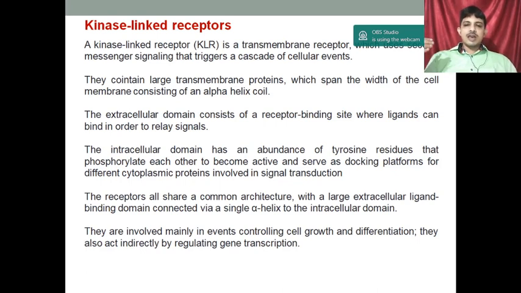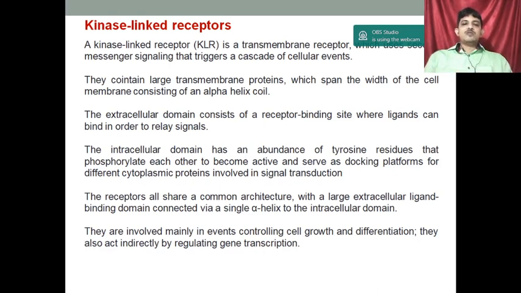So there is an intracellular part and an extracellular part, joined by the alpha helix. These receptors are involved in events controlling cell growth and cell differentiation, and indirectly they are also regulating gene transcription.